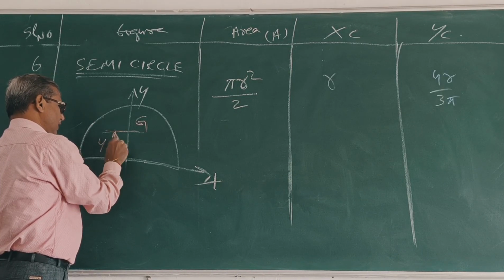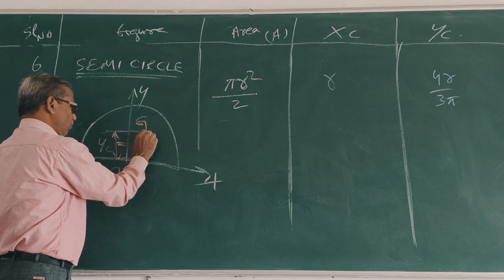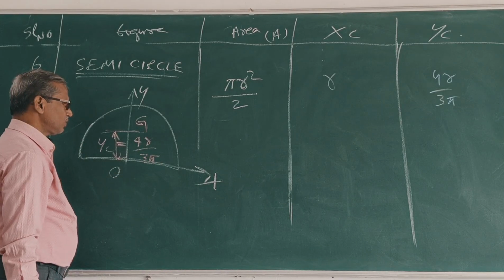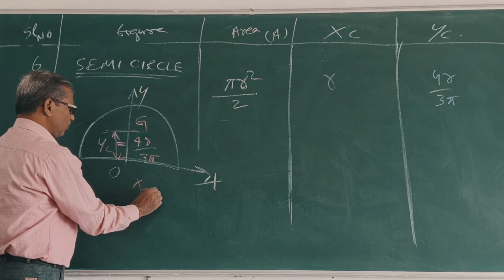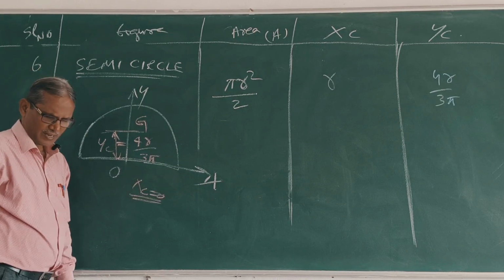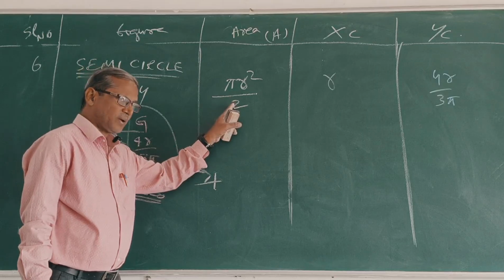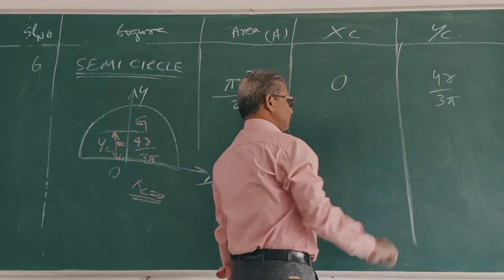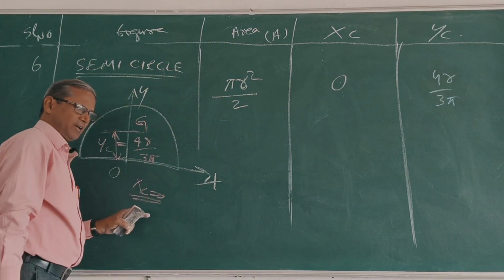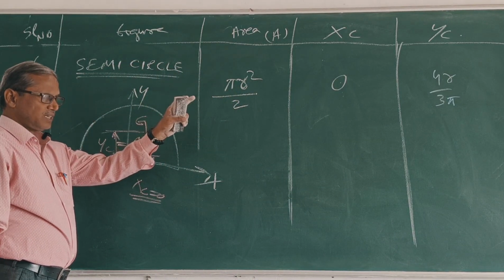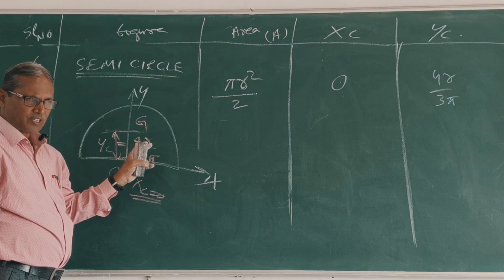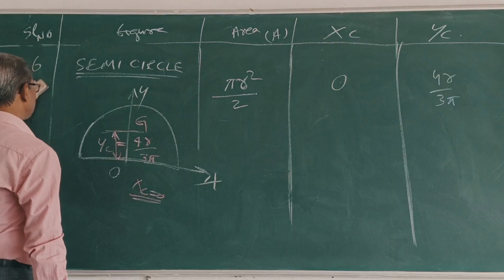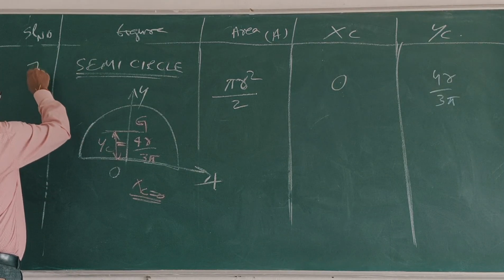What is yc equal to? 4r by 3 pi. So here, what is x equal to? 0. Clear? In this case, the area is pi r square by 2. What is xc? 0. What is y equal to? 4r by 3 pi. So the CG of the figure depends upon its reference axis. Clear?